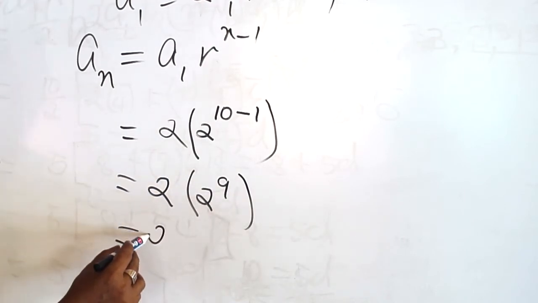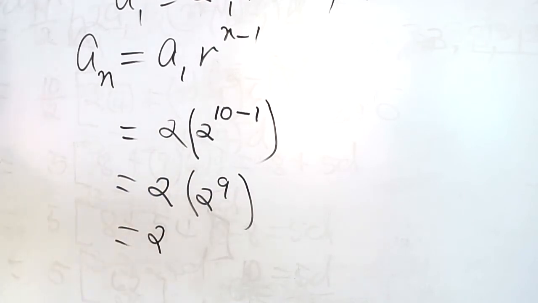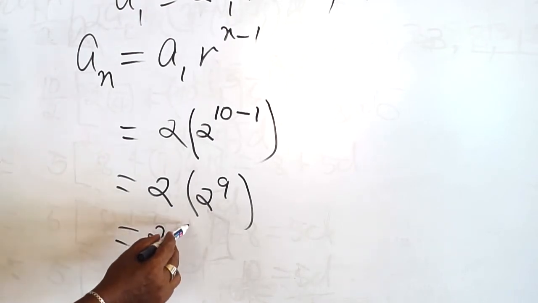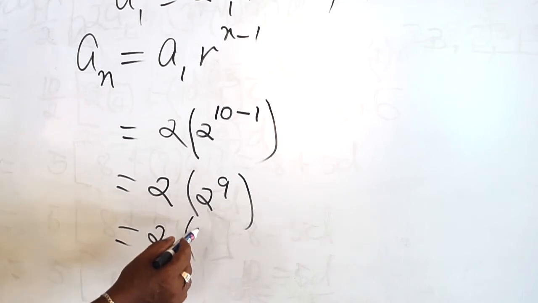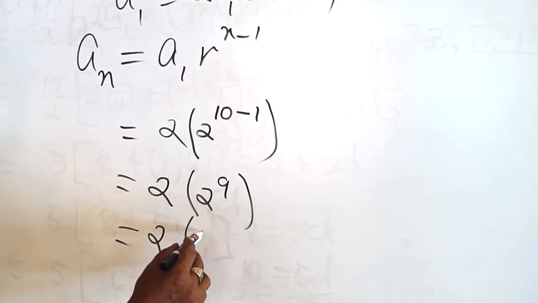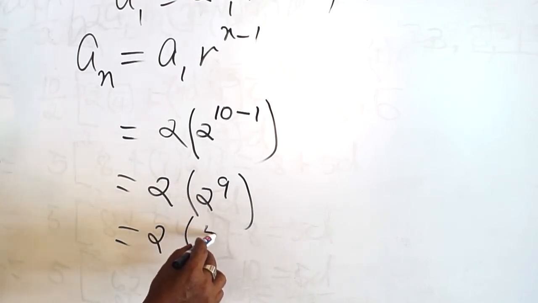So we have 2 multiplied by itself 9 times. Okay, so we have 2 times 2 times 2 times 2 times 2 times 2. So we have the product is 512.